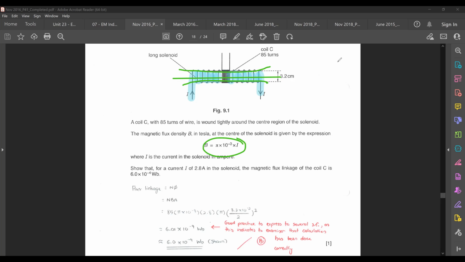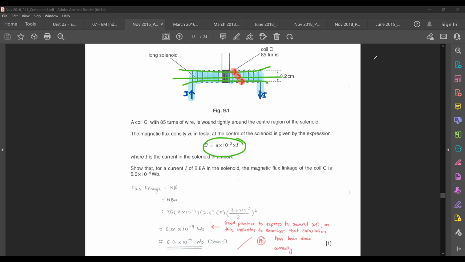And when it comes to your magnetic field, there's supposed to be some direction associated with it. Let's assume that for a current direction like this, you're going to get a magnetic field pointing towards the right side here. What if you were to reverse your current, like what the question mentioned?